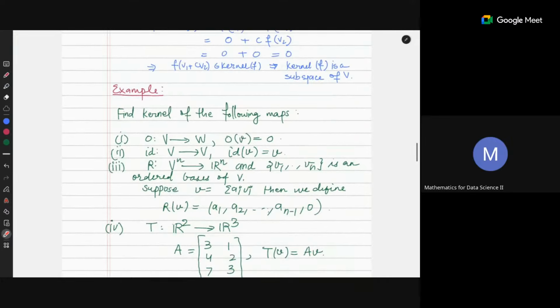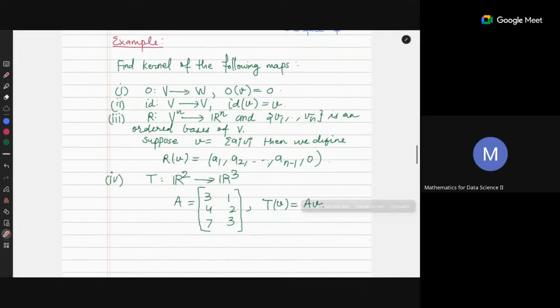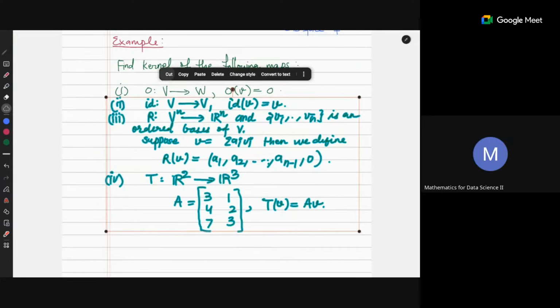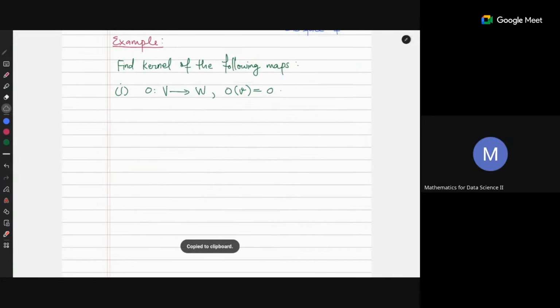Now let's look at some examples of kernel. In each case, we need to find out the kernel. Let me just cut these first and then move on. Okay, so in the first case, you have a map defined like this. Let's call that map O from V to W, where O of v is equal to 0.